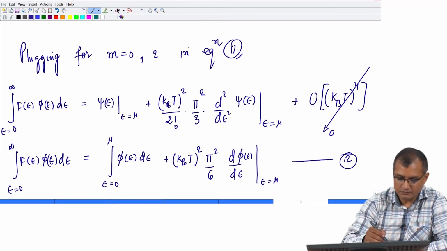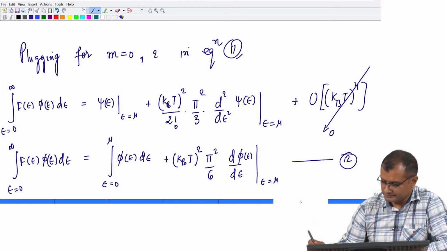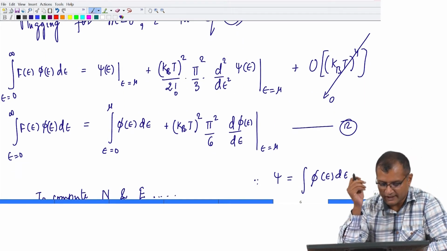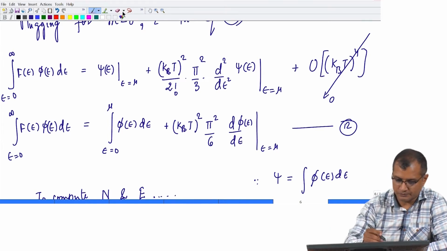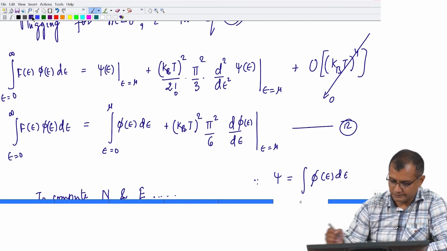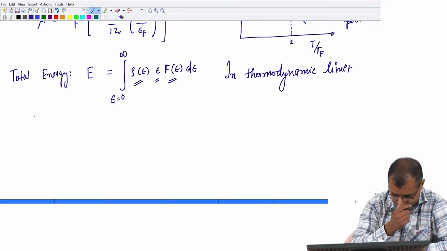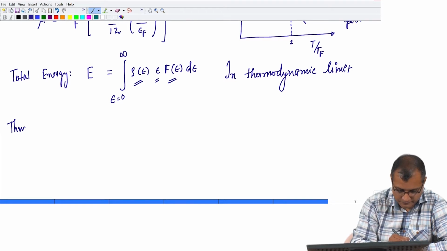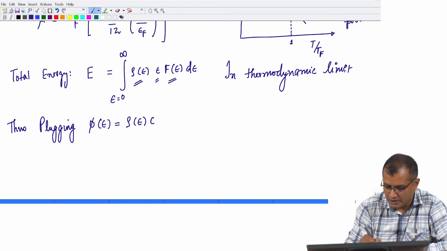In the right hand side, I simply plug phi as rho times E. So, what I am going to do is just plug phi as rho E into E in equation I believe 12.